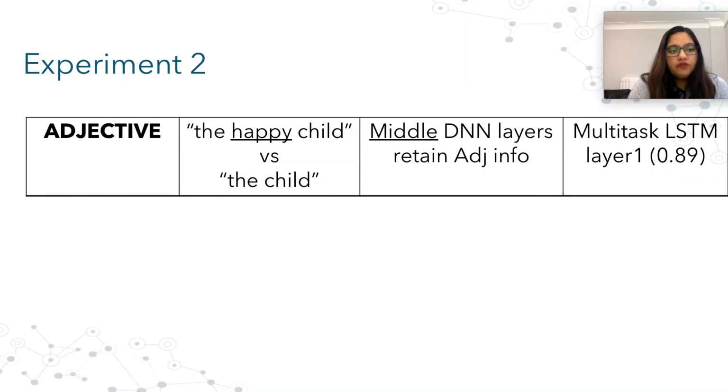However, for an input of the type adjective, where the input "the happy child" is tested against "the child," middle deep neural network layers retain this adjective information better than the other layers, with the multitask LSTM layer giving the best accuracy of 0.89.